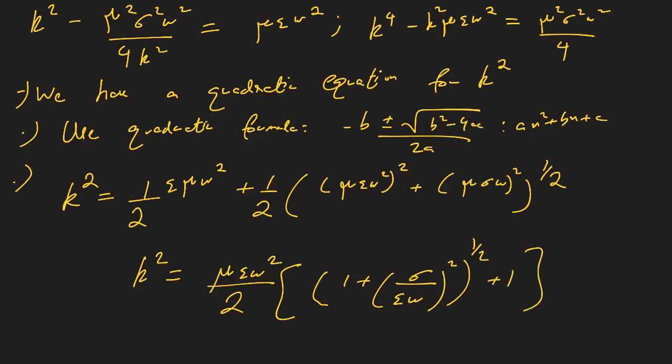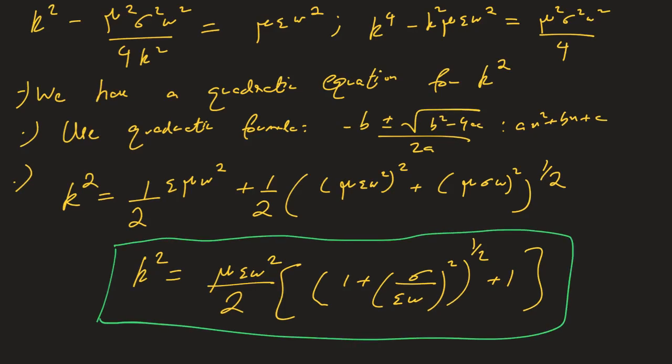Okay, and that's the real part. Let me just make a box around it, because we usually make boxes around things we want to make sure we understand. So that's the real part of k squared.